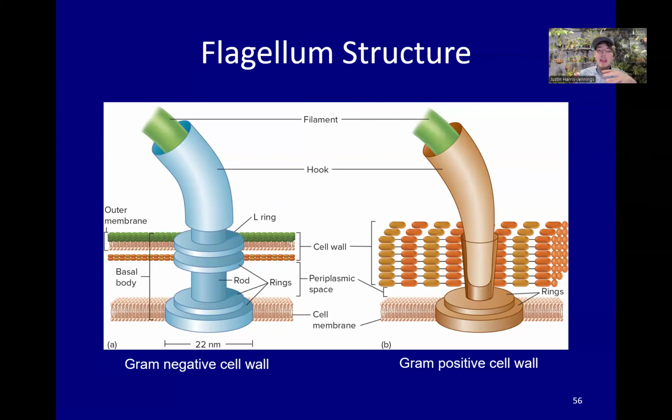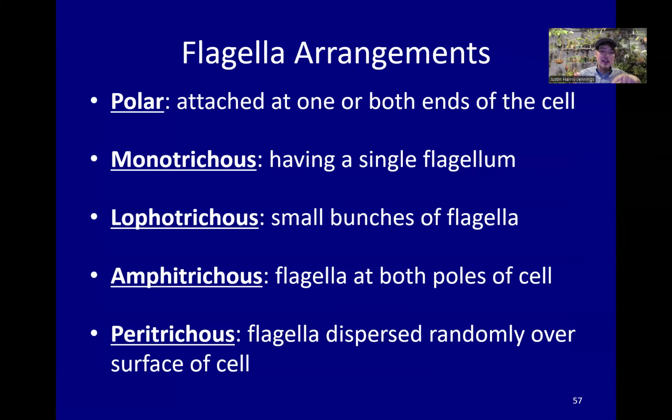And so you can have these flagella located in a couple of different places. You can either have them all over the surface, or you can have them on specific places. If they're only on the ends or on an end, they're called polar. And if they are in bunches, they're called lophotrichous.